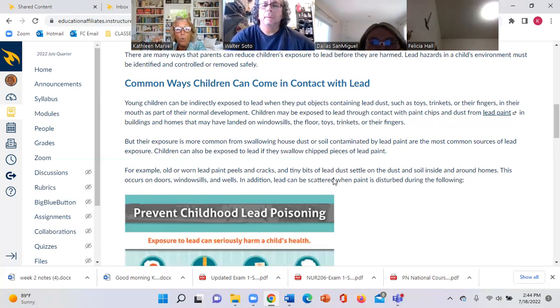If you ever go over to windowsills in an old house or an old school, you've got paint chips that are peeling, or you can just pull them off. That's what we're talking about here. Right? So worn lead paint peels and cracks, and tiny bits of lead dust settle in and around the homes. Doors, windowsills, walls.